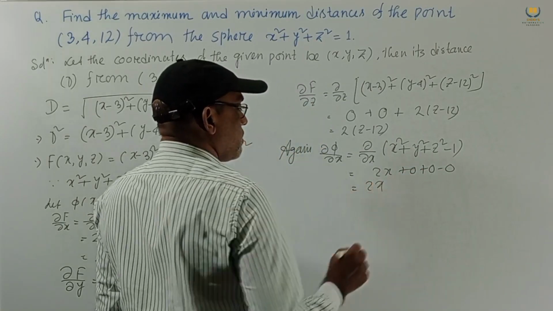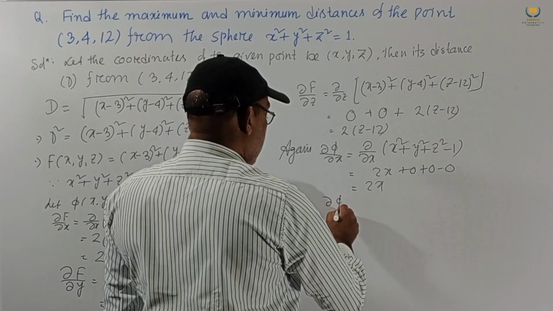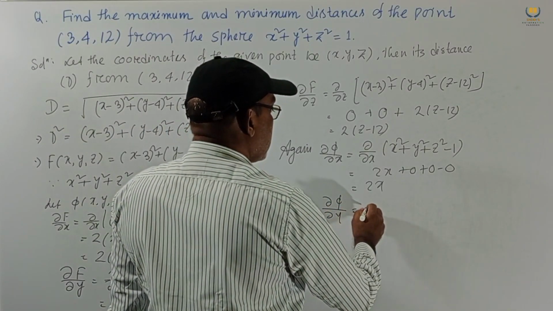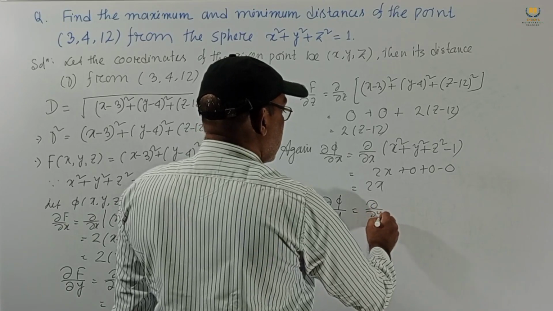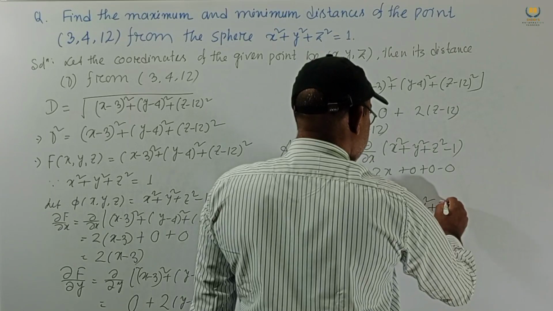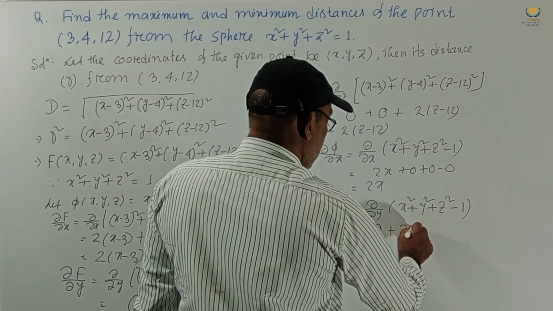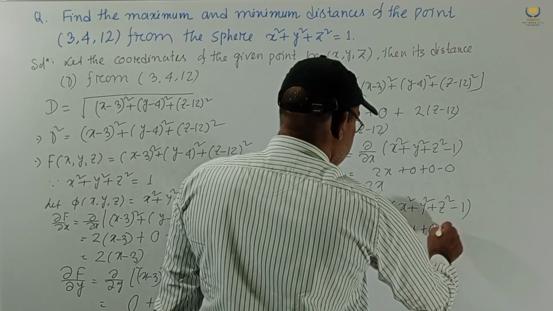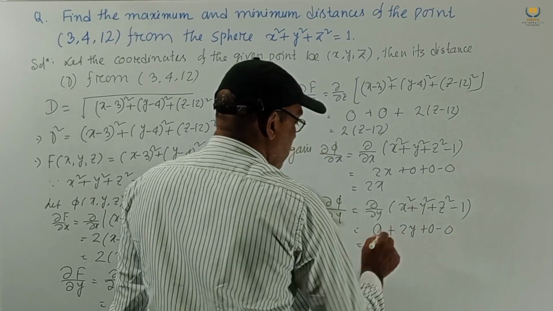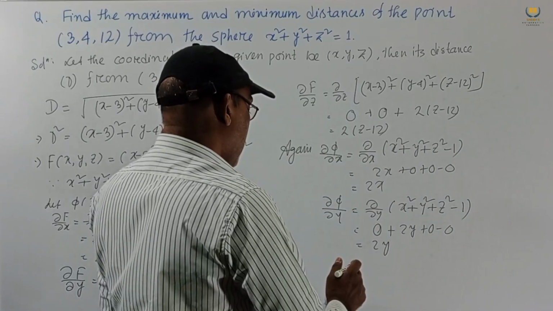And del phi by del y is twice y, because we are differentiating partially with respect to y, the others being constant.